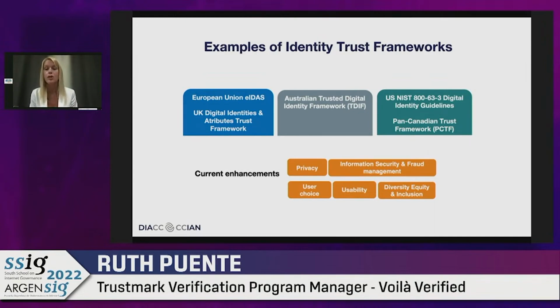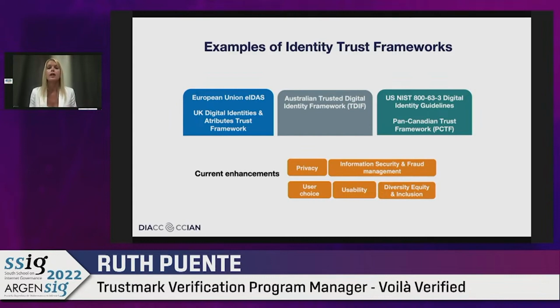So they are working on equality and inclusion as well as accessibility. These improvements are what their national ecosystem needs, as well as the international trends or what has worked in other areas, in order to include it in their frameworks.